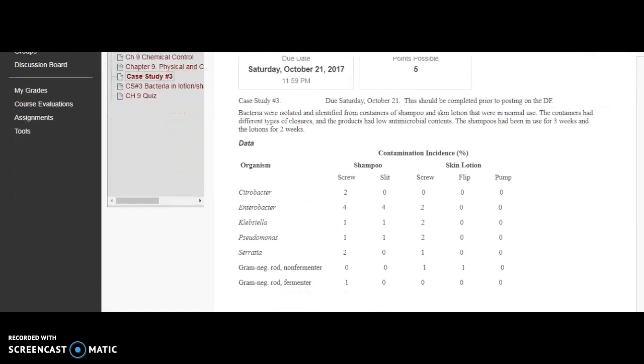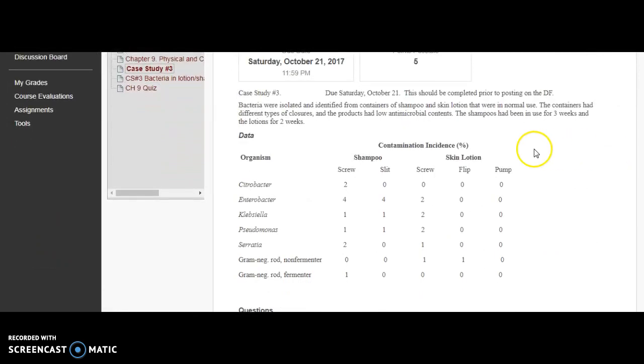All right, the case study is specifically looking at some shampoos and some skin lotions and the different types of tops, whether it's a screw top, a slit top, a flip top, or a pump for the lotion, and then some of the organisms that these scientists looked at.